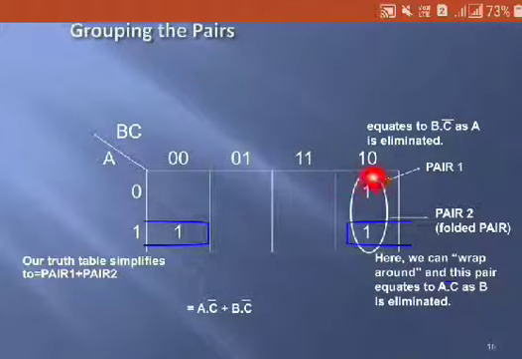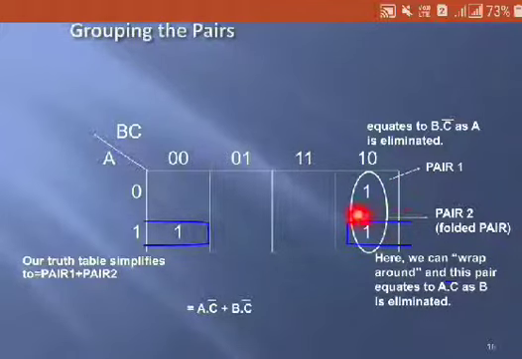The leftover term is the min term corresponding to this 1 0, which will be B C bar. So for this pair, the term is B C bar, as A is eliminated. A bar and A get cancelled, and B C bar is the corresponding expression for pair 1.